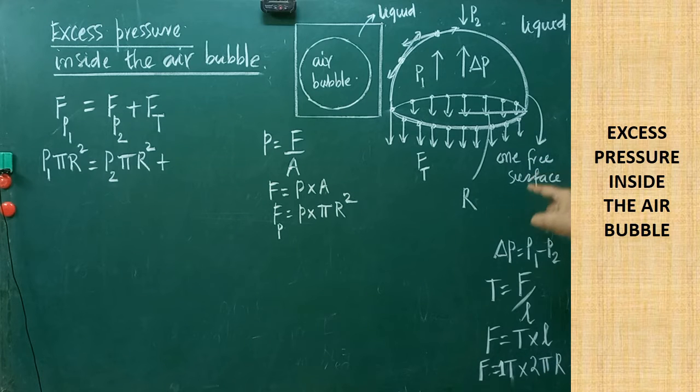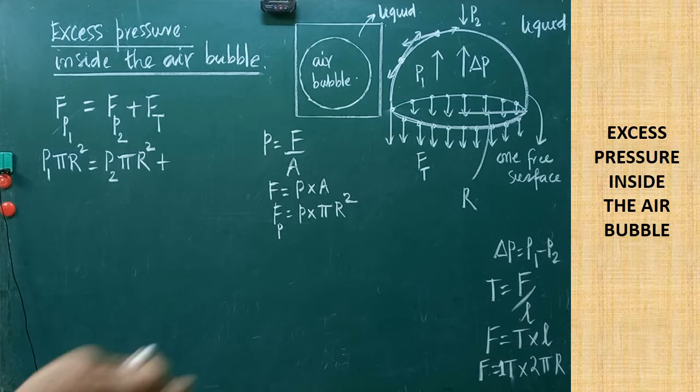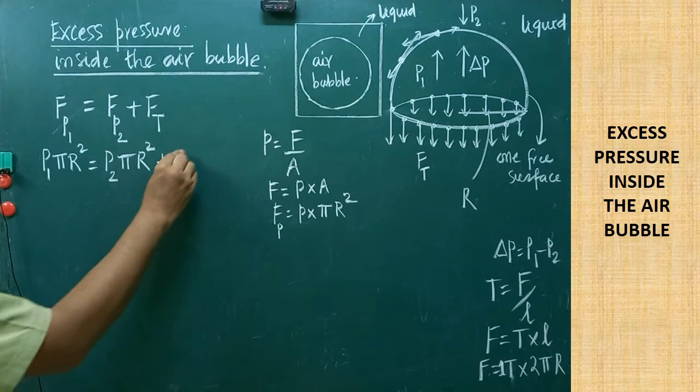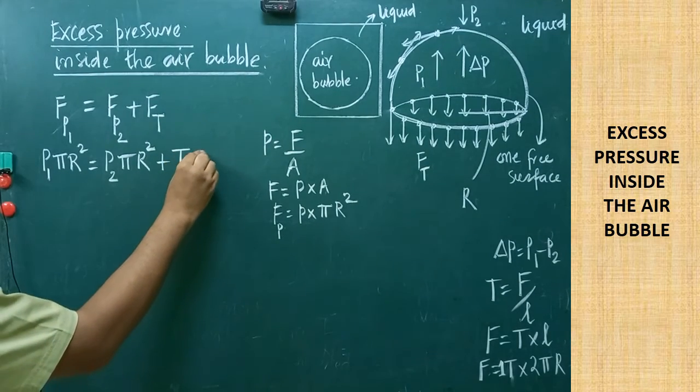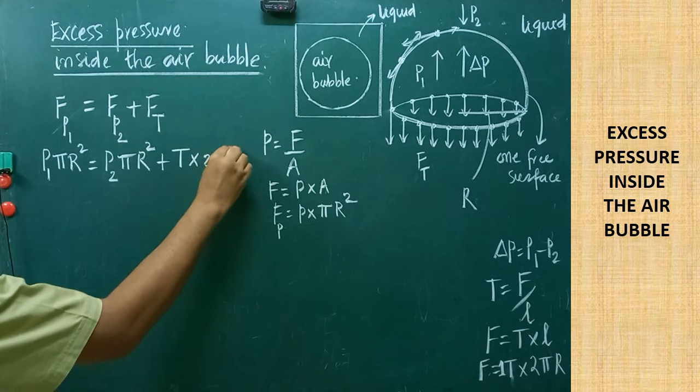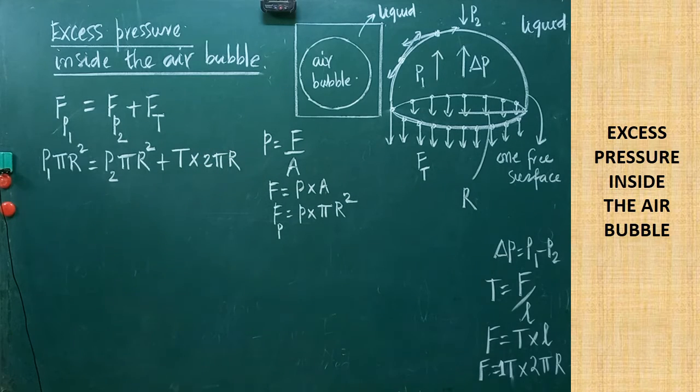Since only one free surface is acted on by force due to surface tension, 1 must be written, don't forget. Now the force due to surface tension formula is ready: T into 2 pi r. Are you clear? So this is the formula.